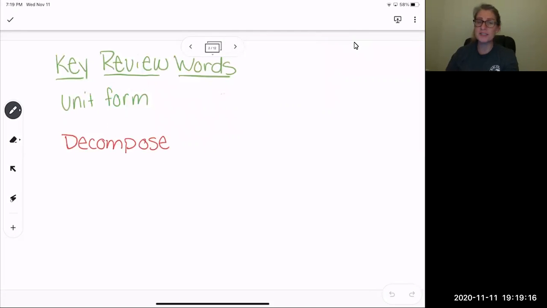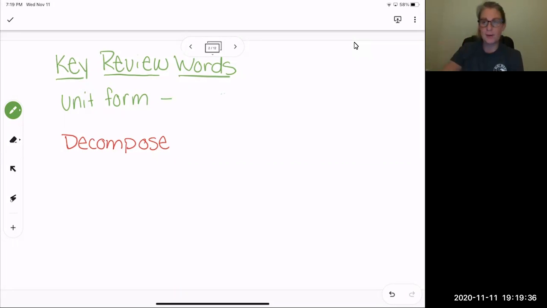The first keyword that I want to review is the word unit form. Okay, so when we were back in module 1, we were talking about standard form, expanded form, word form, and unit form. So the unit form is when we write the number along with the place value unit.